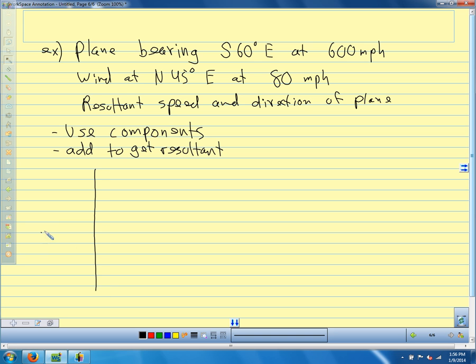Here's my compass. And it says our plane is bearing south 60 degrees east. So our plane is flying this direction. And that angle is 60 degrees. And the magnitude of this vector is 600.